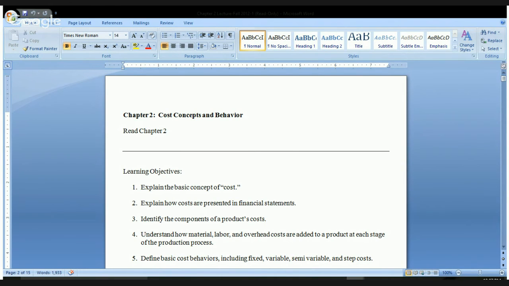All right, so moving on to the next item is define the basic cost behaviors, including fixed, variable, semi-variable, and step basis or step costs. Now, what is the difference between fixed and variable? Fixed costs are costs that no matter what you do, that's going to be the amount that you pay.